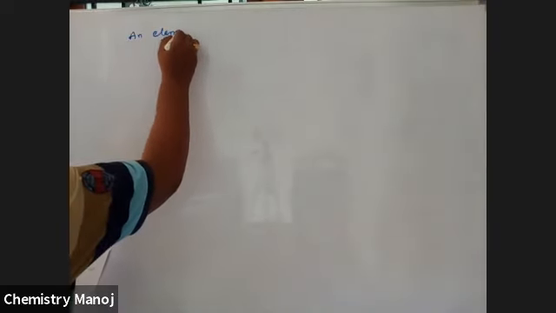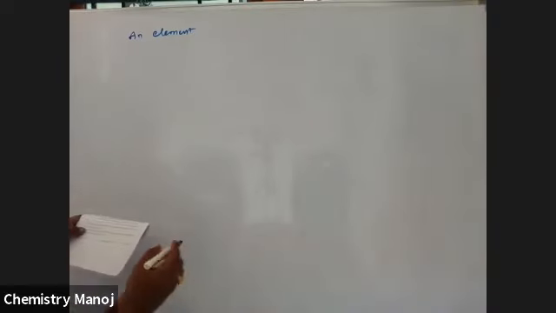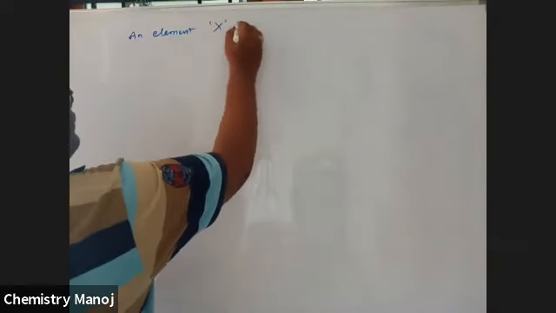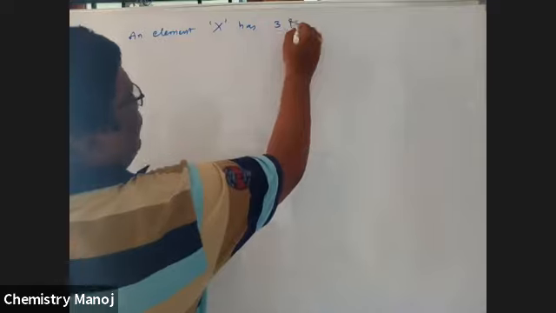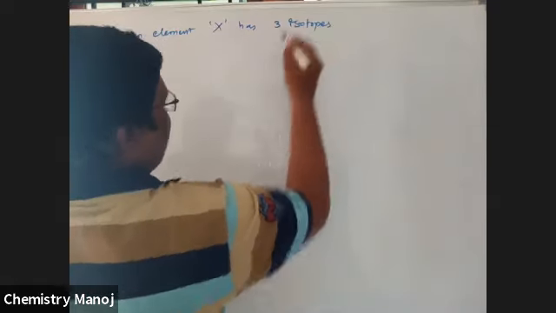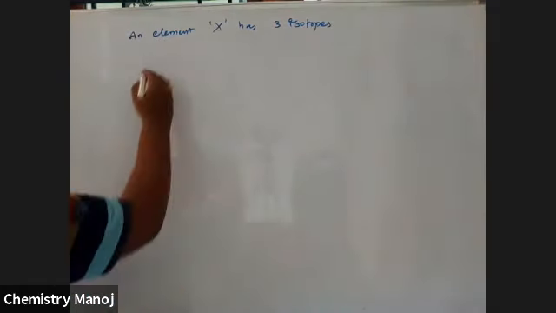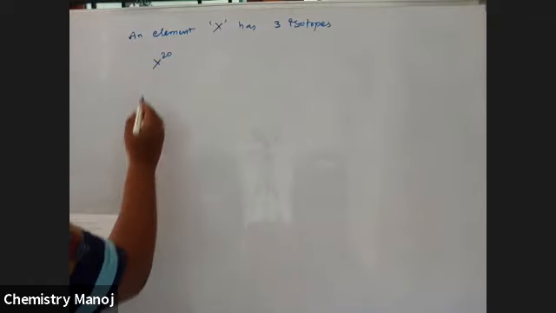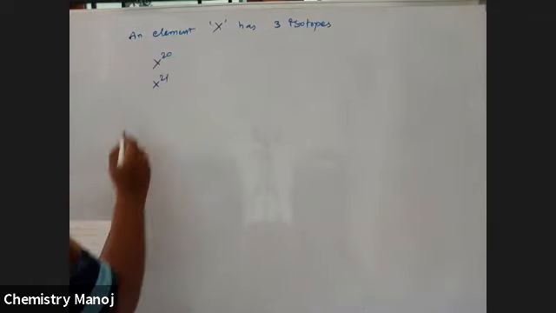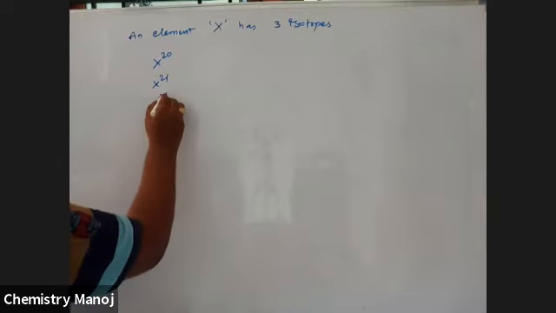An element X has 3 isotopes: X20, X21, and X22.